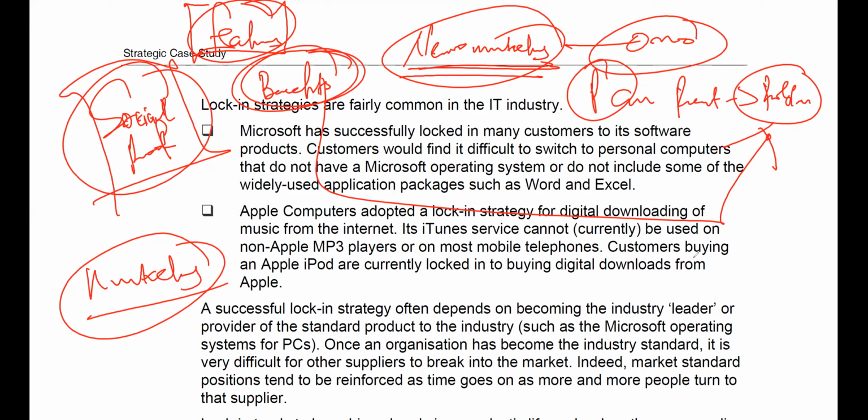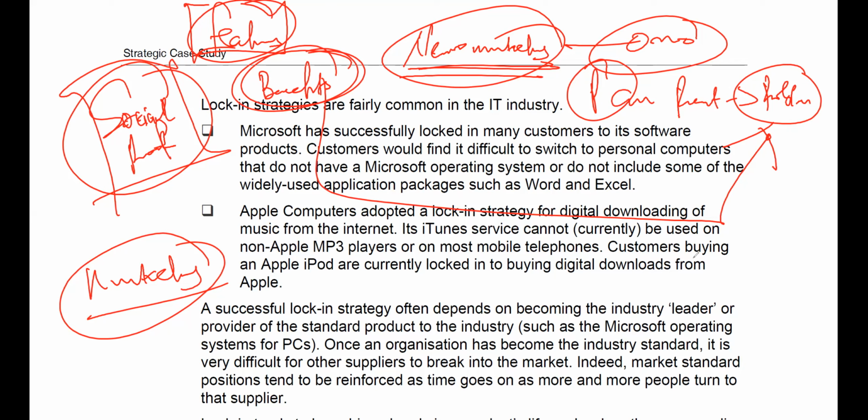So we saw that Microsoft successfully locked in many customers to its software products. Customers would find it difficult to switch to personal computers that do not have a Microsoft operating system. You get it? Actually, people prefer Microsoft's operating system to Apple, right? So far as they do not see things like Word, Excel, Microsoft Office, they are not comfortable, right?